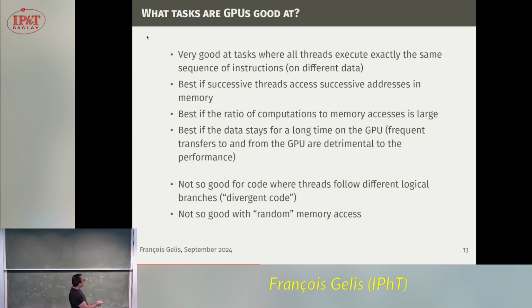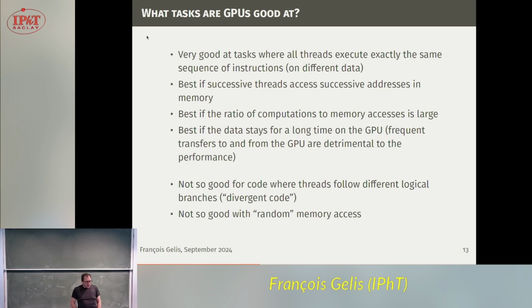One thing that will not work well on a GPU is code where each thread will execute a different sequence of instructions. Typical code has lots of tests: if, then, do something, otherwise do something else, where the logic is making the threads branch in different directions.